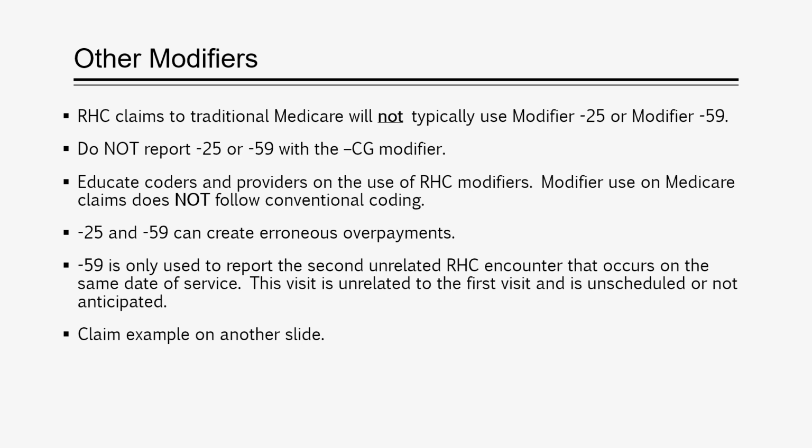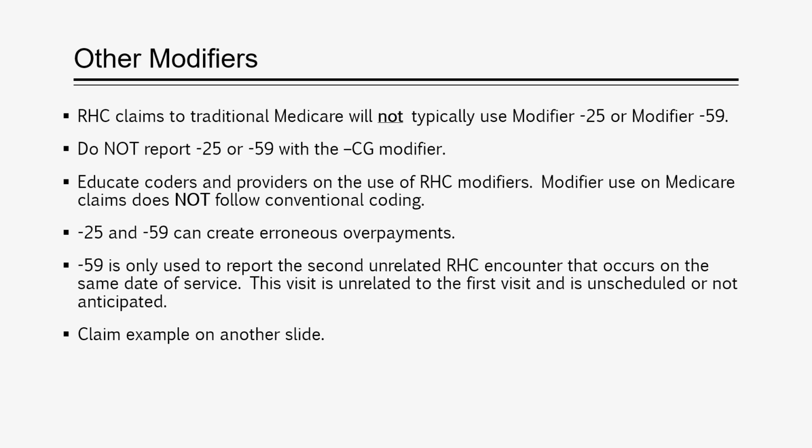We do not use 25 or 59 in the conventional ways. So we do use 59 in a very special way to report two unrelated visits that happened in the same day. So again, if you have a new billing company, you have a new RCM partner, make sure they know that on the UB traditional Medicare claims, we do not use modifier 25 or 59 in the conventional ways. And we do not report 25 or 59 with the CG modifier.